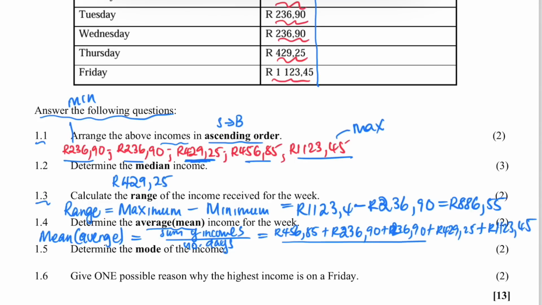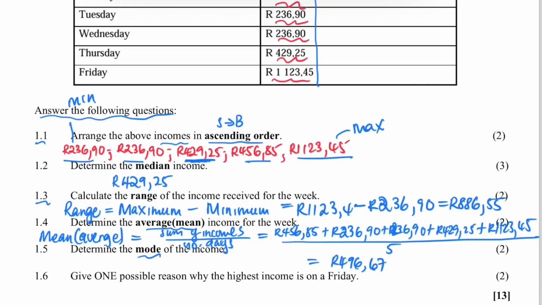And when we divide all of that by 5 days, the answer here is going to be 496 rand 67 cents, right?